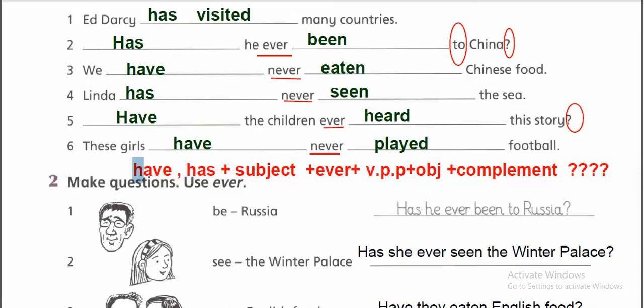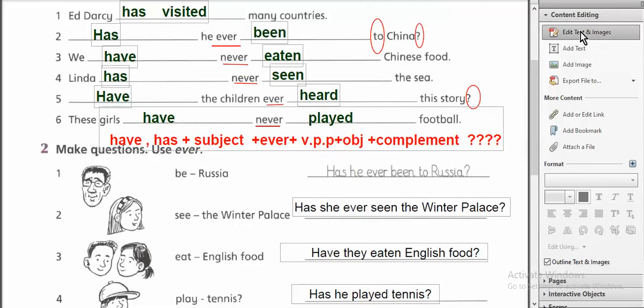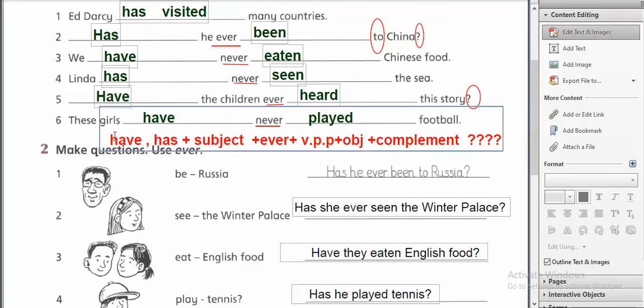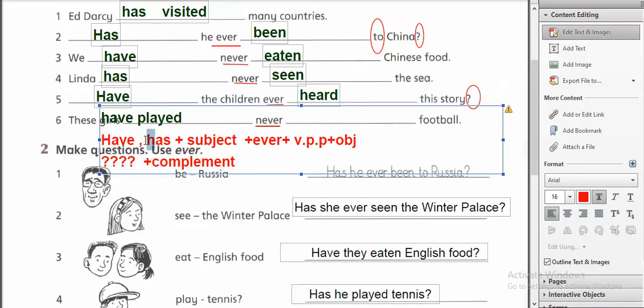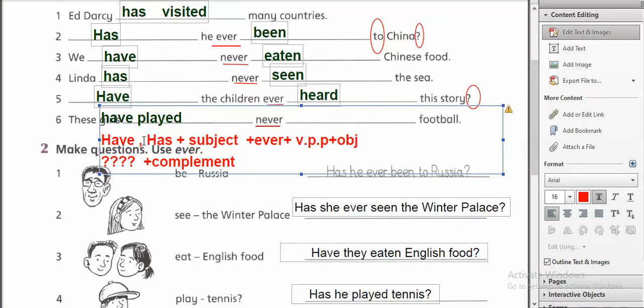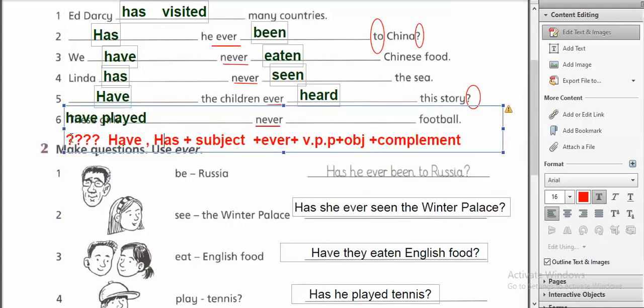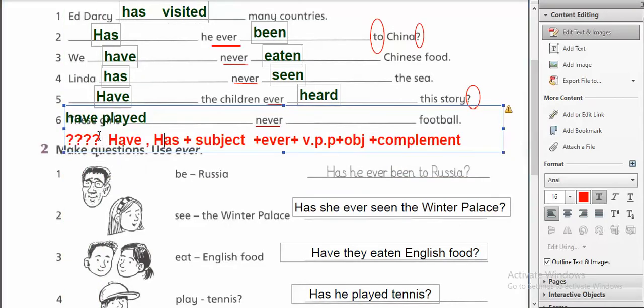Don't forget this note: at the beginning of the questions we must use capital letters. I will correct this verb as I taught you. It must be a capital letter to be understood that it is at the beginning of any question. Okay, next.